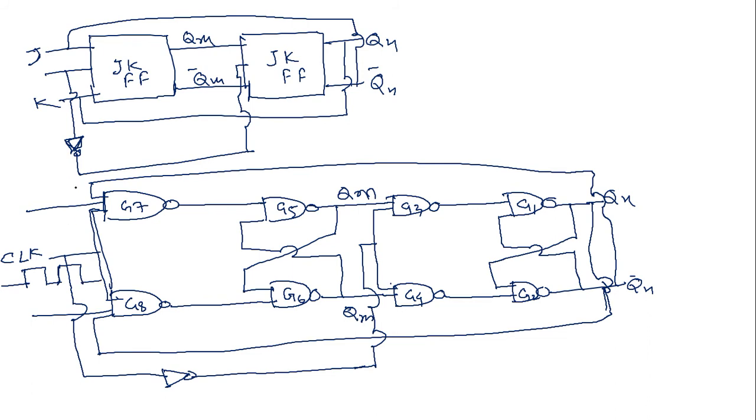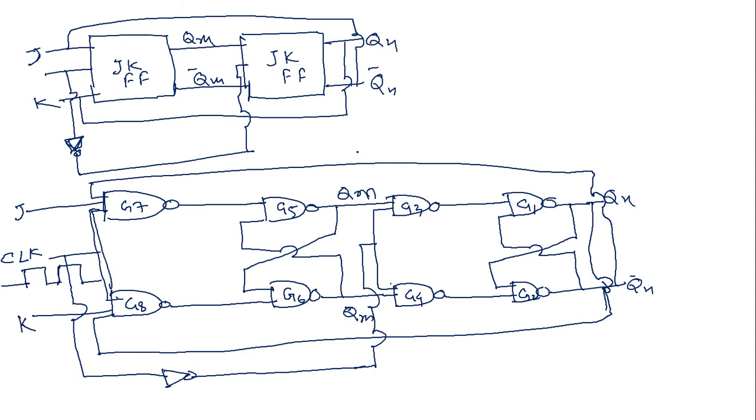Okay. So the condition is the same. When I am discussing the race around condition, master slave is used for removing the race around condition, so I am considering the J equals 1 and K equals 1 condition, and also clock equals 1.